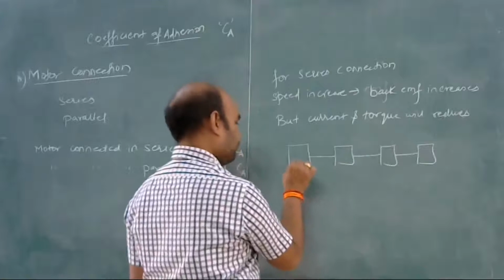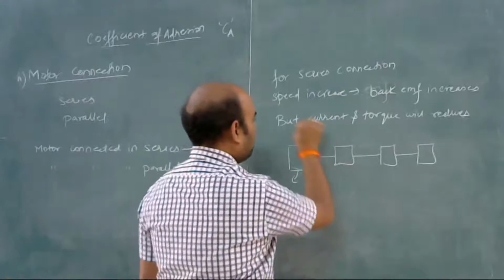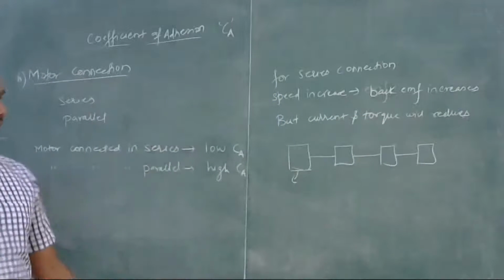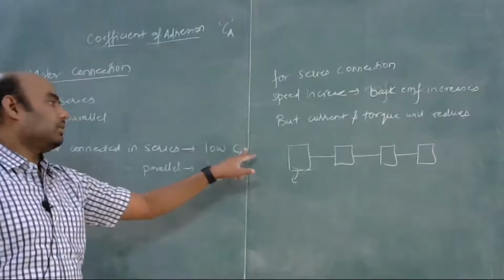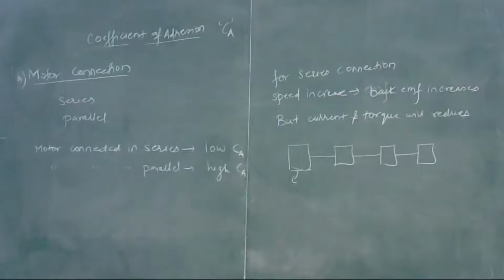So if there is slip of one wheel, all the motors' current and torque will get reduced, and this will lead to a low coefficient of adhesion.